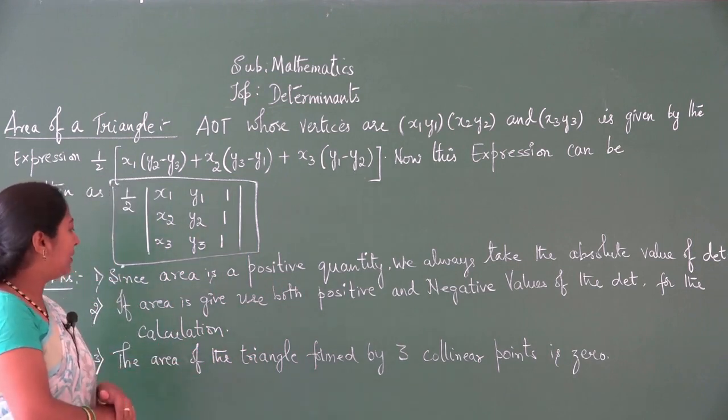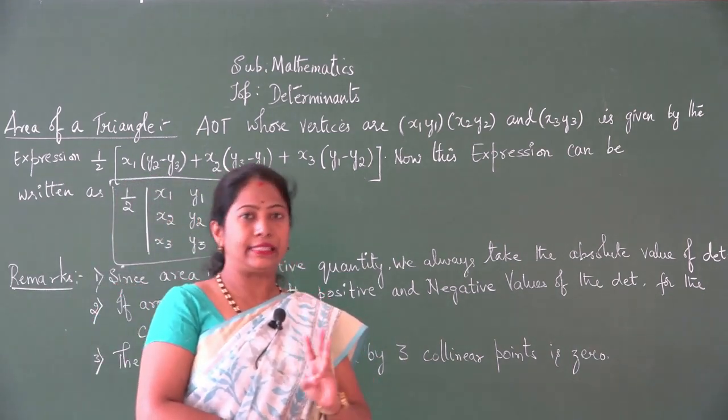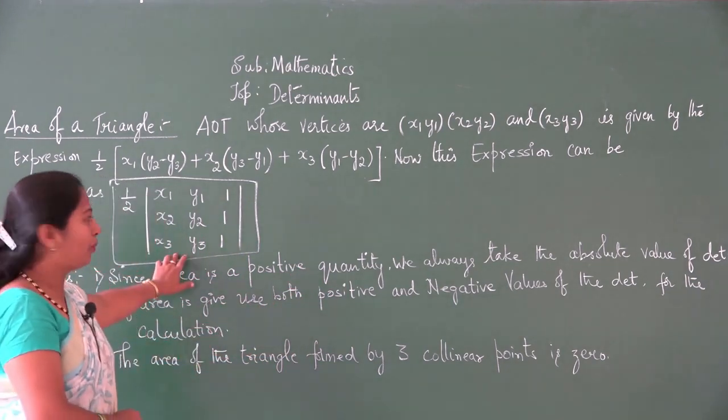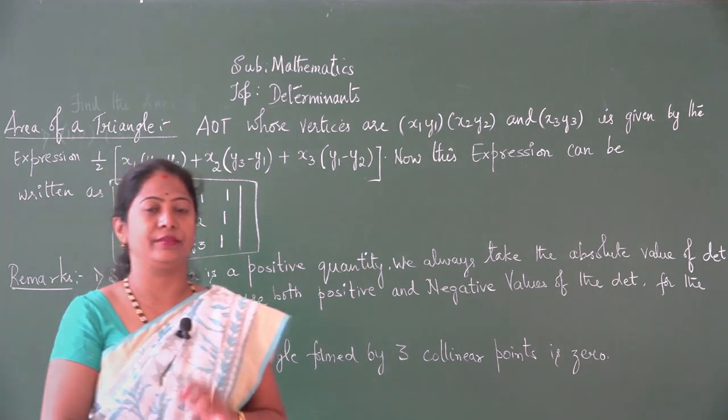And the last point, the area of the triangle formed by three collinear points is 0. Making a note of these 3 points and this formula, we shall solve few problems in today's session.